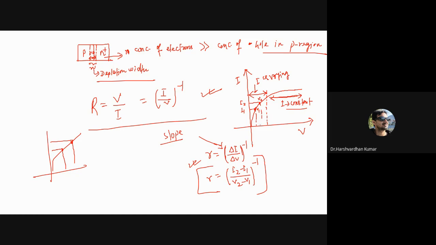So what will happen for this region, from point 1 to point 2? The resistance is varying, because current is varying. But for this region, the slope is almost constant. So I will be constant, and as a result, the slope will be constant here. Any doubt?